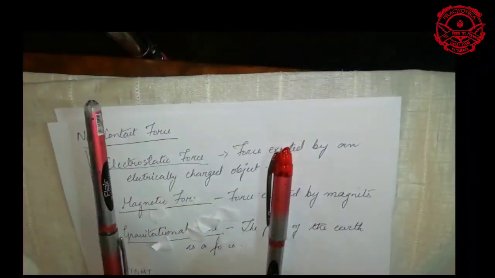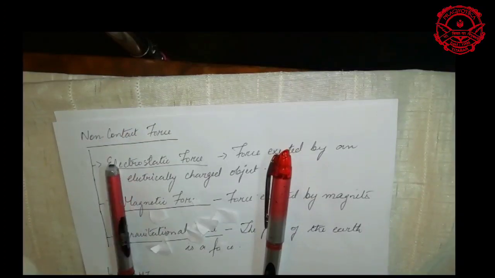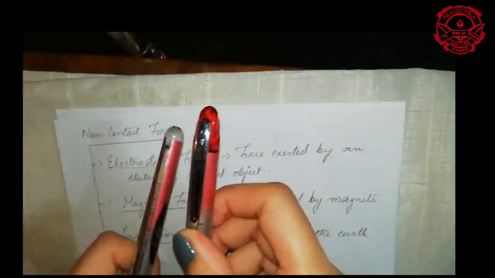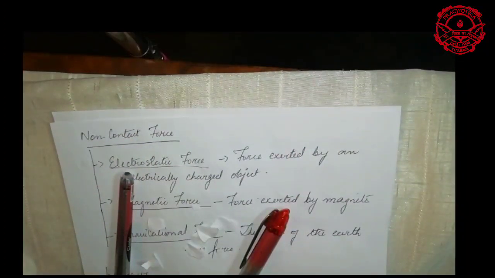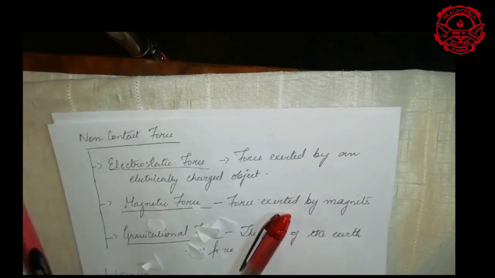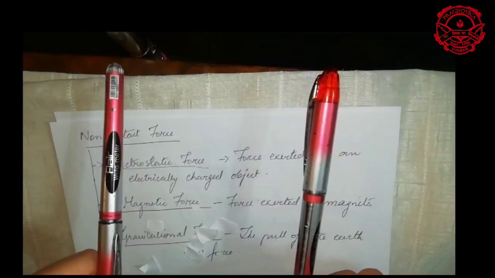So this means that there are some forces exerting between them. The force exerted by a charged body on another charged or uncharged body is known as electrostatic force.